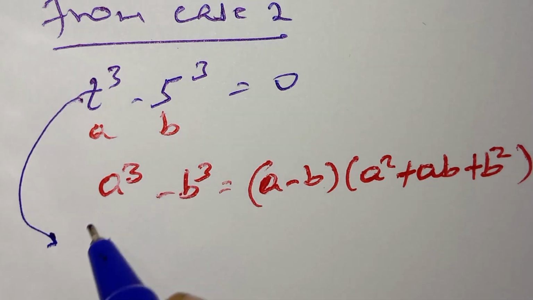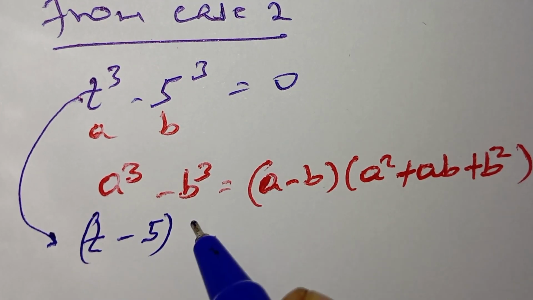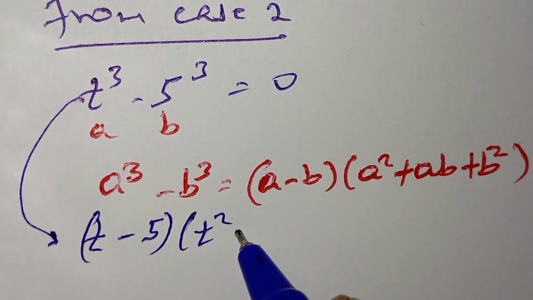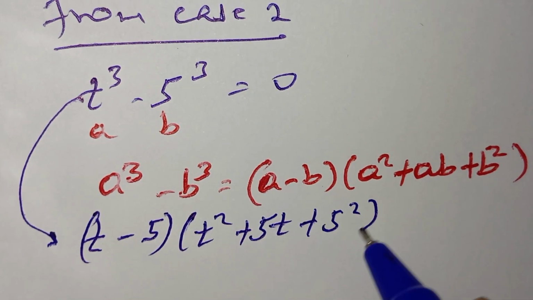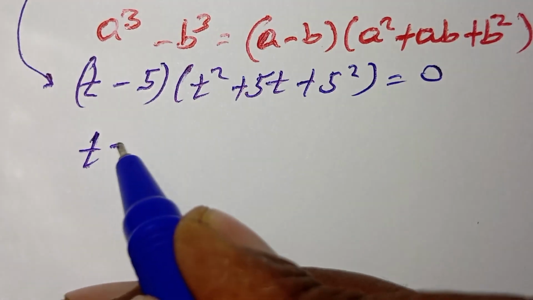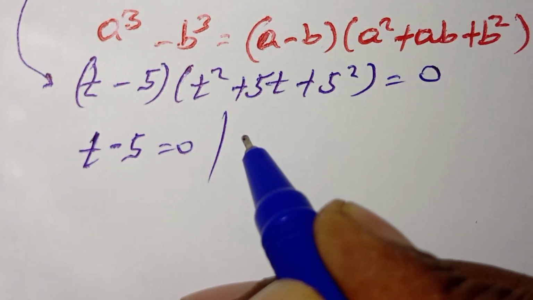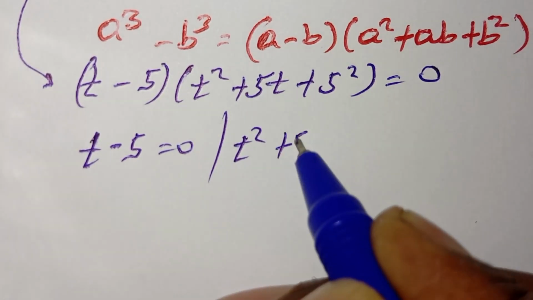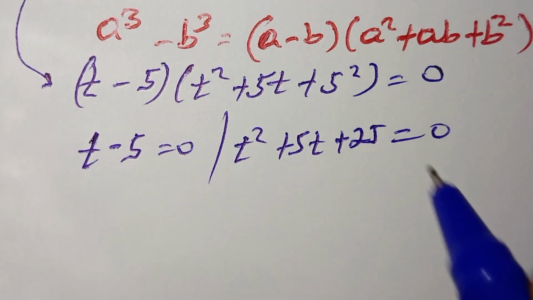Based on this one it becomes t minus 5 times t square plus 5t plus 5 square is equal to 0. t minus 5 is equal to 0, and t square plus 5t plus this 25 is equal to 0.